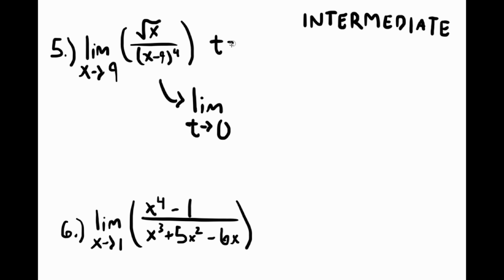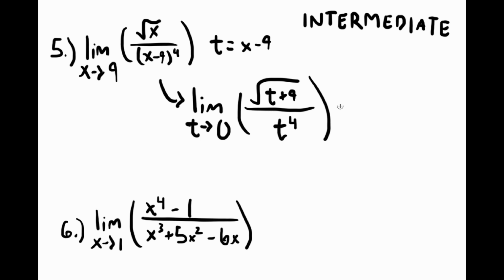And we're also going to make the denominator equal to t. So we're going to say the limit as t approaches 0, where square root of x is going to be equal to t plus 9. It's just basic math you can do in your head. This is basically the new limit that we have right now.